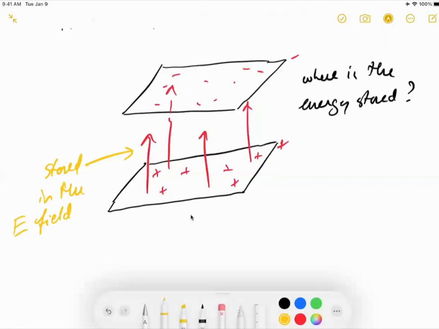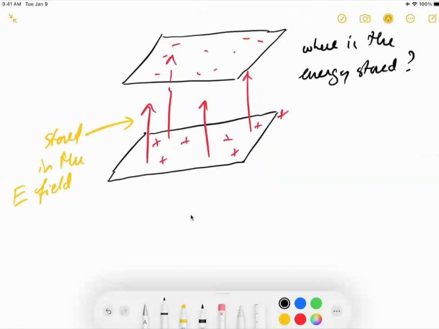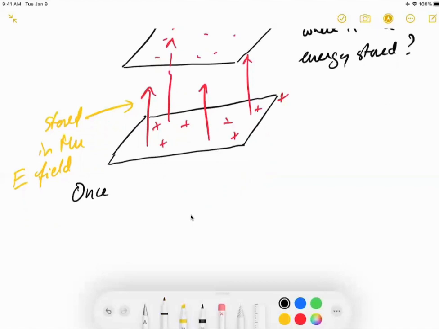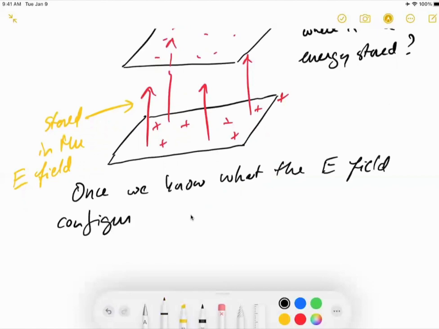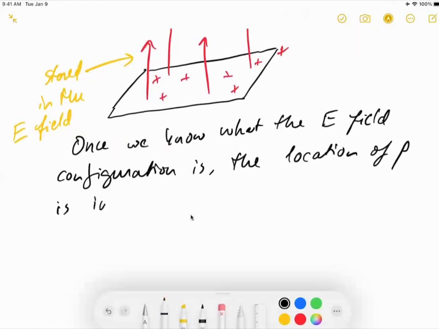In this case, the E field. Furthermore, once we know what the electric field configuration is, the location of the rho is implied, because we know that the Laplacian of phi is minus 4 pi rho.